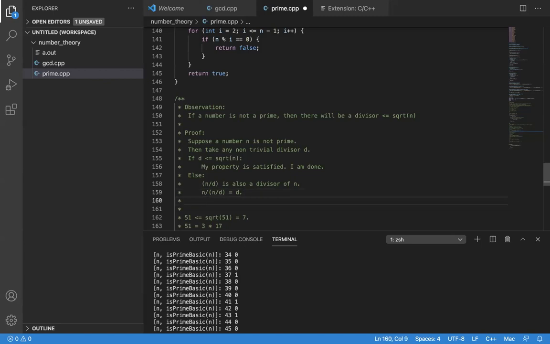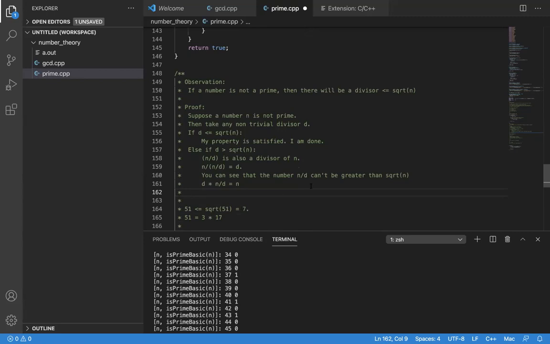Now, if d is greater than square root of n, then n by d cannot be greater than square root of n. Because d times n by d is equal to n, and if d is greater than square root of n and n by d is also greater than square root of n, then the product of those numbers will become greater than square root of n times square root of n, which is n, but the product is only n.